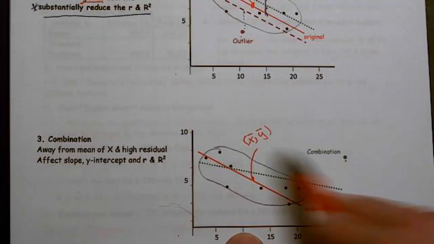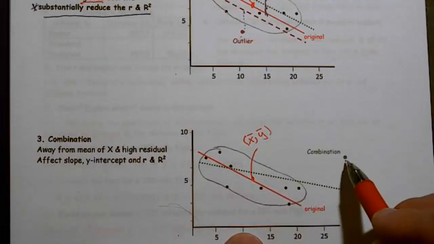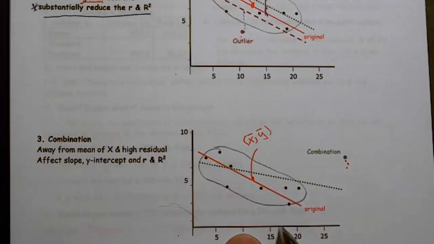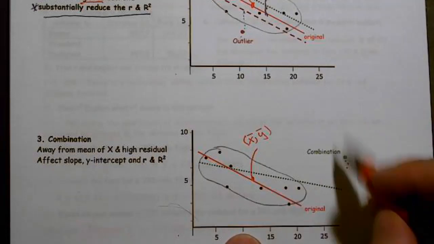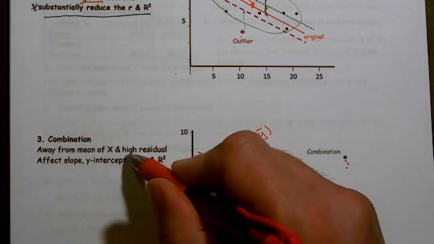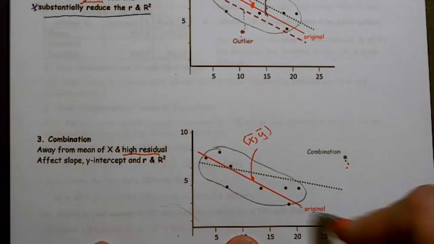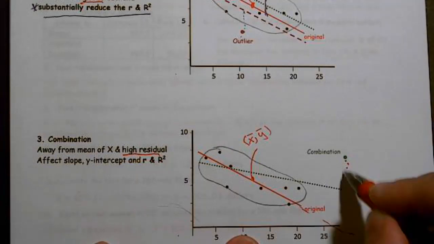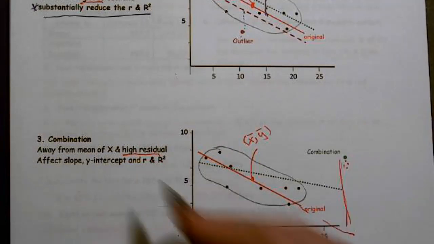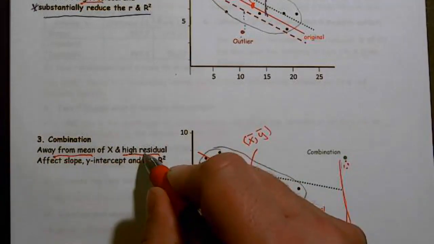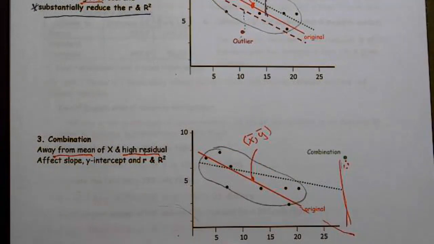It's a long way from the mean of X. And since it's a long way, it's going to impact my slope and y-intercept. And it has a very high residual. So this has to have a high residual, which means it has to be a long way from my predicted line. And my predicted line would have been somewhere down here. So this has a very high residual. So it's away from the mean and has a high residual, all right?